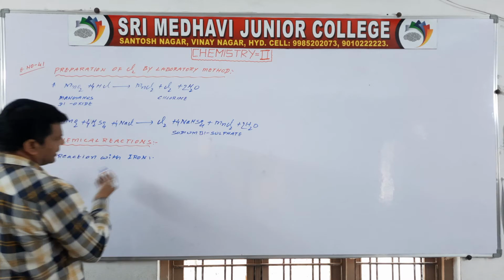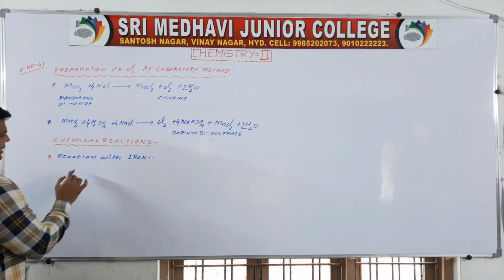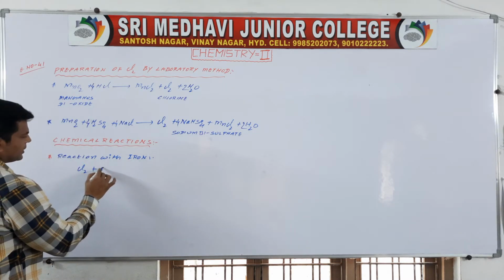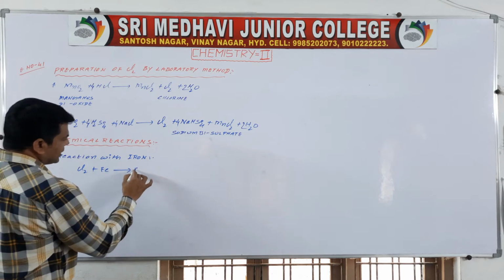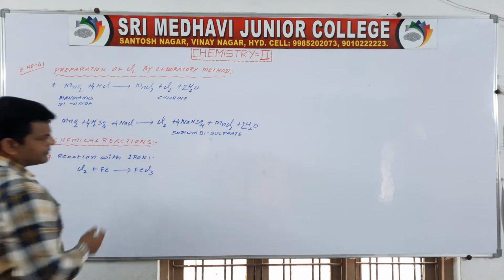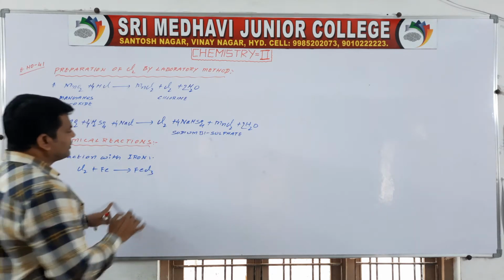Iron is nothing but Fe. See here, Cl2 reacts with iron, gives rise to FeCl3. Ferric chloride is formed.